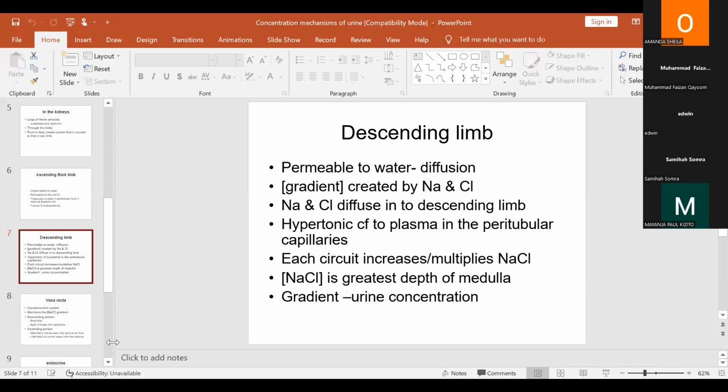So that gradient is huge, it's big. And therefore, it is the one that participates in the reabsorption of sodium or the reabsorption of water. Finally, when the aquaporin channels are open, in what we referred to yesterday as the mechanisms of reabsorption of water in the collecting ducts through aldosterone or vasopressin.